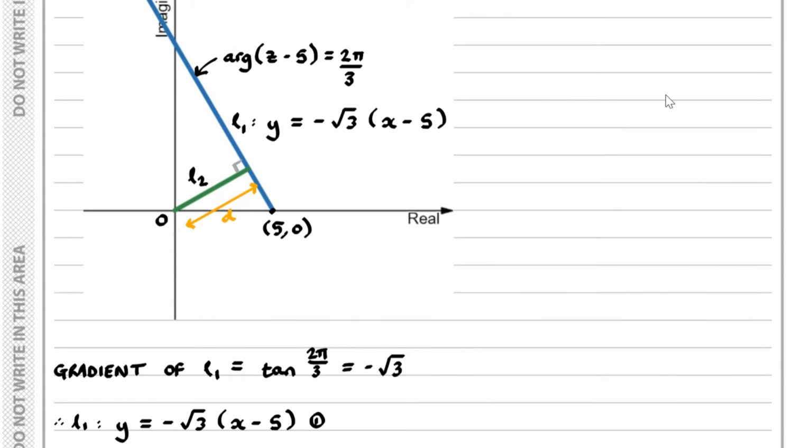Now let's just add this to the diagram. We have L2 with equation y equals x over square root 3.